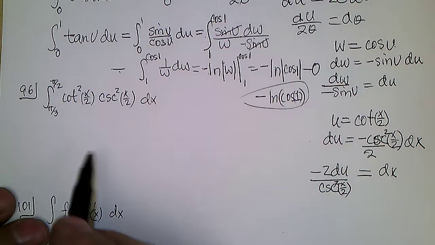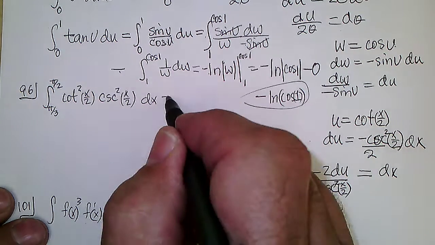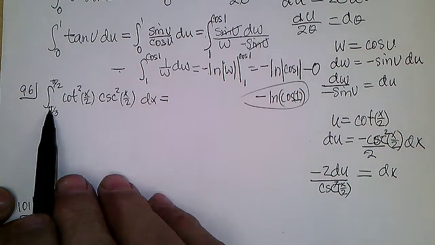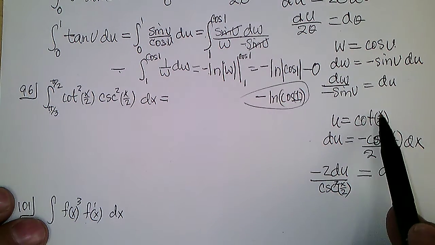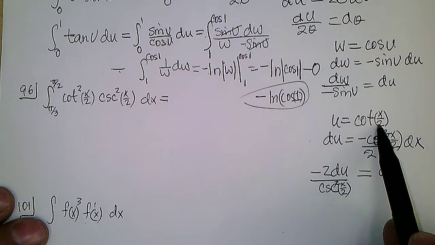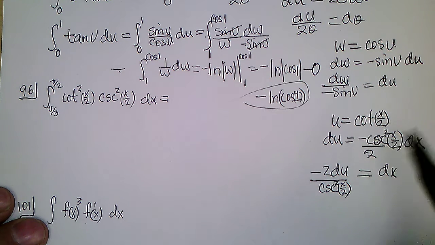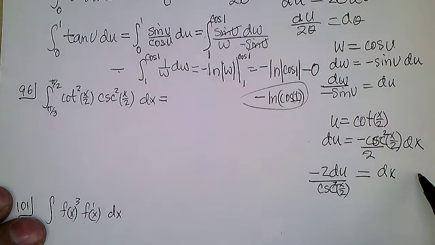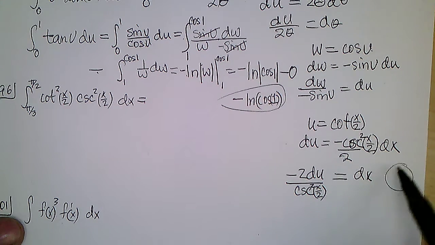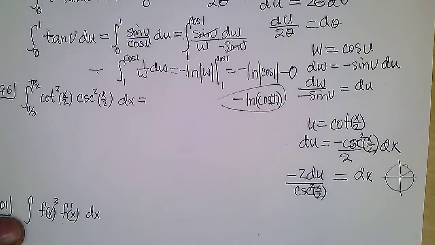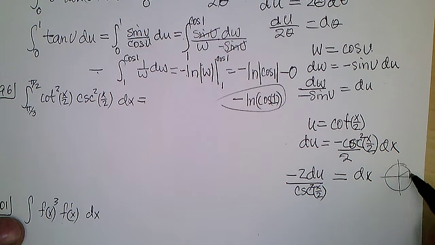Forgot the squared. Okay, so this would become, if I put pi over 3 in there, pi over 6. Cotangent of pi over 6. So on the unit circle, pi over 6 is right there. The tangent would be 1 over the square root of 3, so the cotangent is square root of 3 over 1, or just the square root of 3.